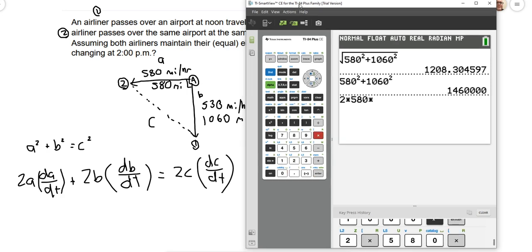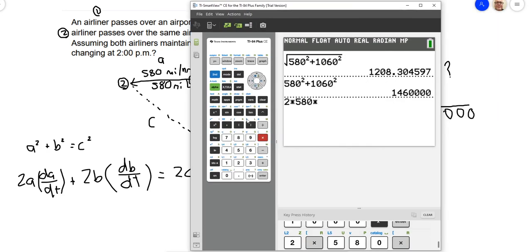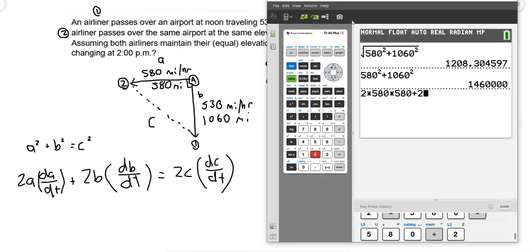We said that that was also 580 over here, so times 580, plus 2 times B, which is 1060, so times 1060, times dB over dt, which is the speed, which is times 530. All right, and that's it for that side, so enter.